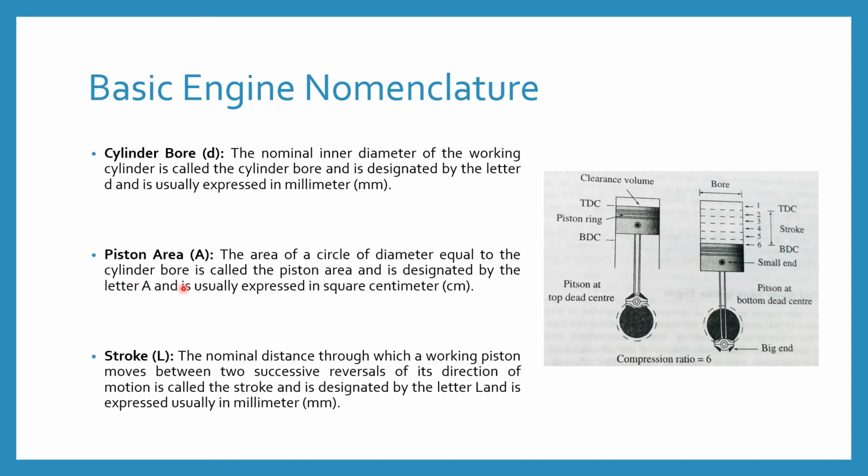Next is piston area. The area of a circle of diameter equal to the cylinder bore is called the piston area, which is designated by the letter A and usually expressed in square centimeter.